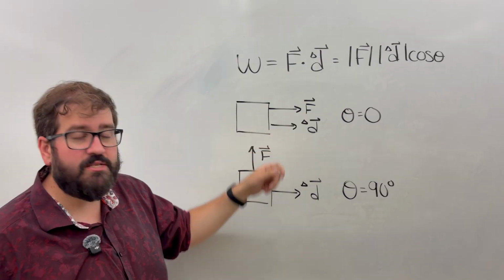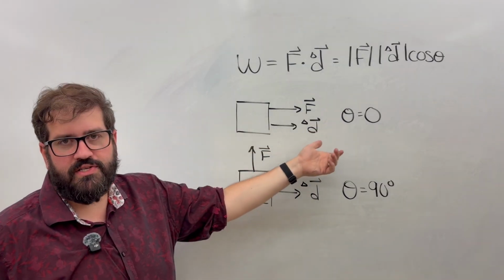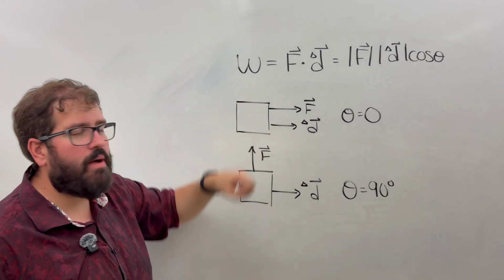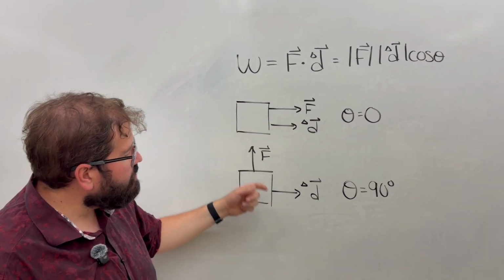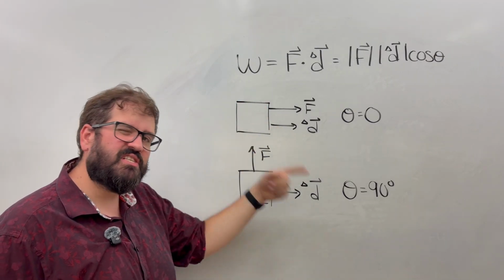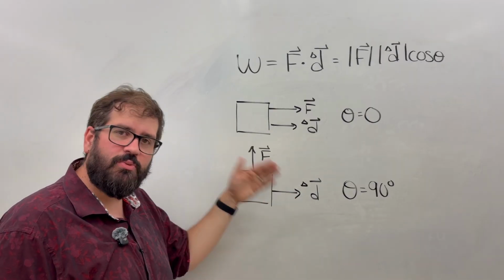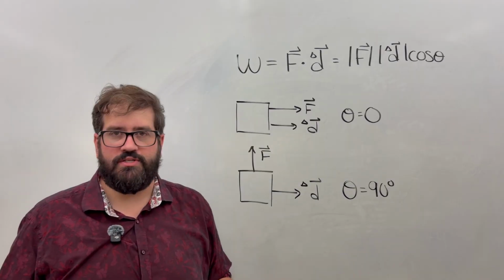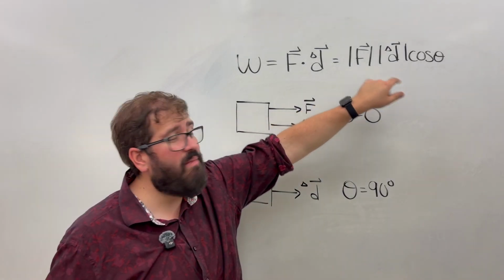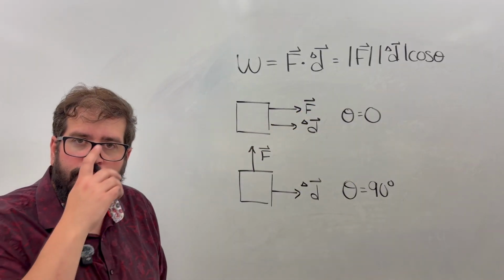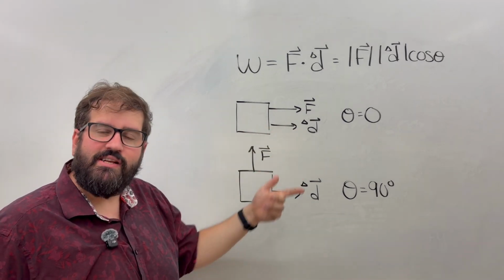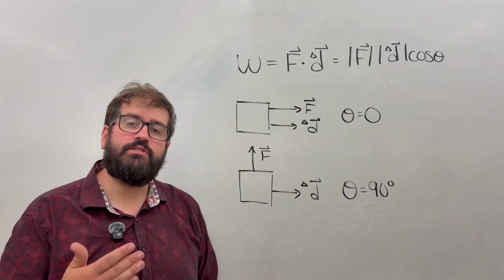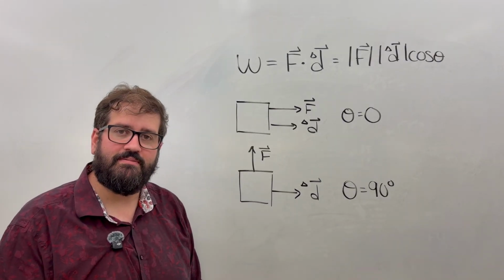When force and displacement align perfectly, the angle is 0 and cosine of 0 is 1. That gives us a maximum amount of work done. However, when force is vertical and displacement is horizontal, the angle between is 90 degrees, cosine of 90 is 0, no work is being done, regardless of the magnitude of both vectors. Now, this operation actually shows us why work is the result of the dot product between force and displacement.